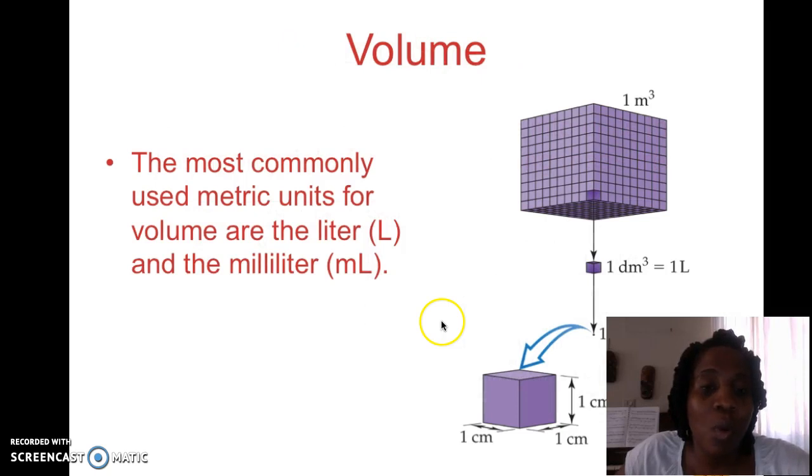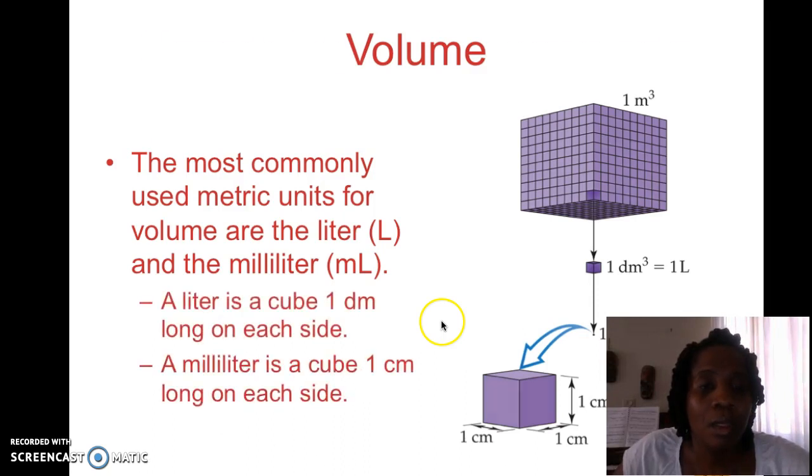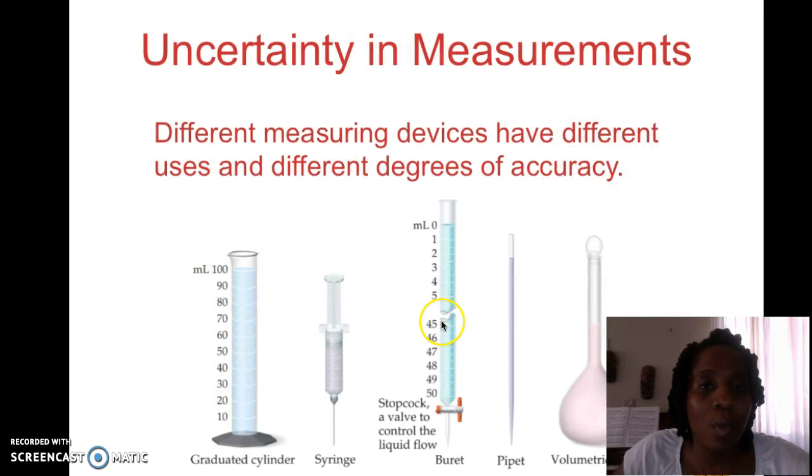Also, just to be aware that 1 centimeter cubed is equivalent to 1 milliliter, and then 1,000 milliliters is equal to 1 liter, which is the same as 1 decimeter cubed. Those relationships are important. What about uncertainty in measurements?